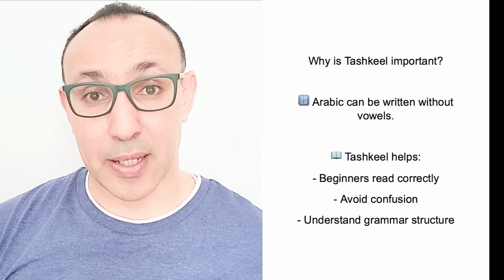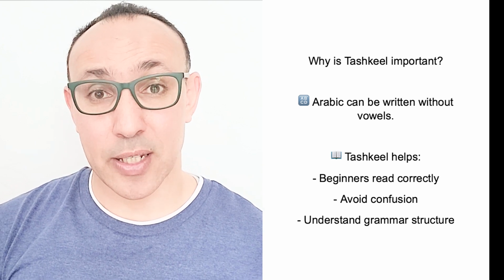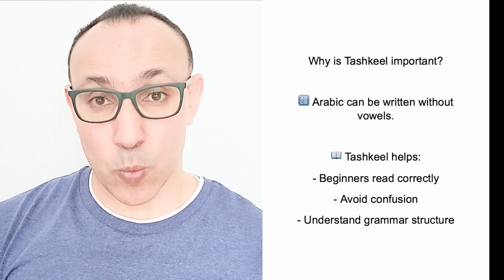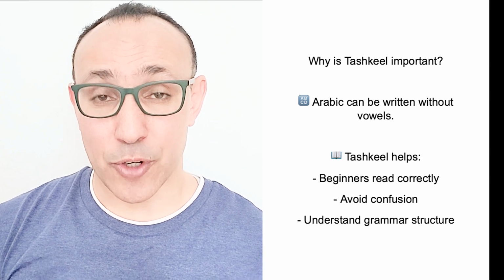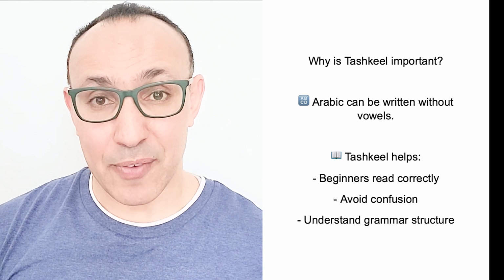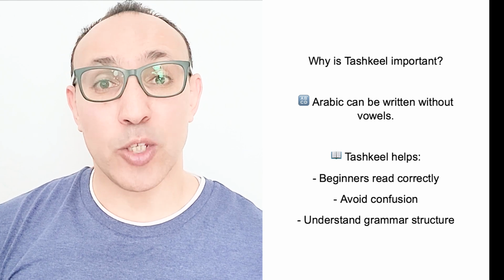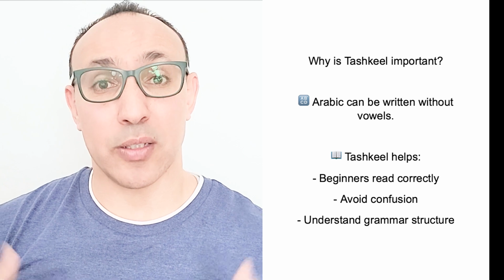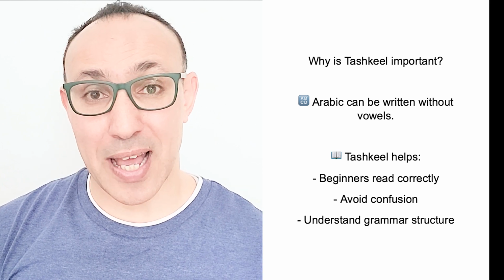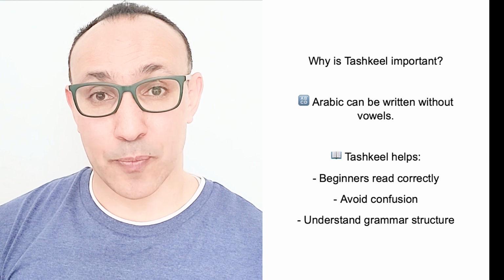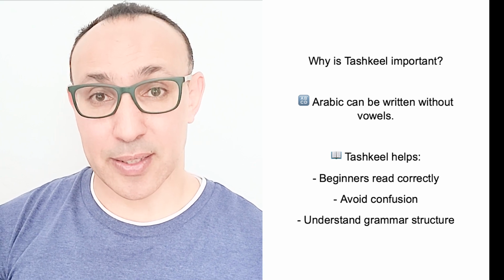If you open the Holy Quran, you will find the letters and words written with these symbols, with the tashkil. So it's very important to have it at the beginning until you get comfortable with it and you know it. With time, you can remove the tashkil and read correctly without using these symbols.